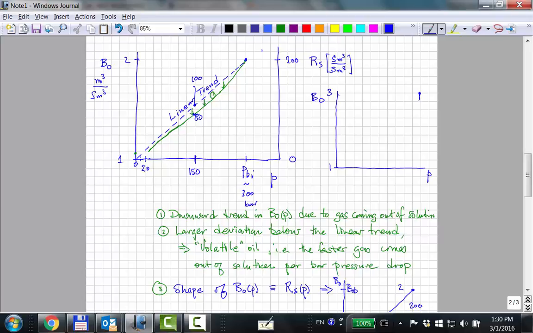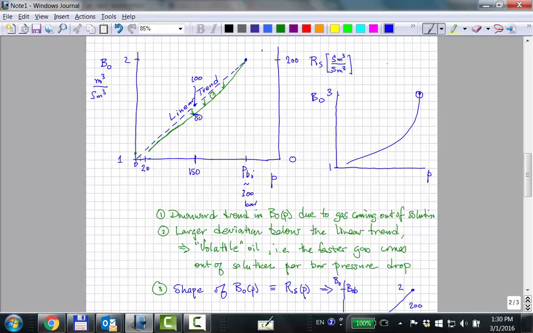And this thing looks like that. I call that wildly not linear. It's very, very nonlinear. But if you show me that curve, I can tell you exactly what the RS is going to look like.